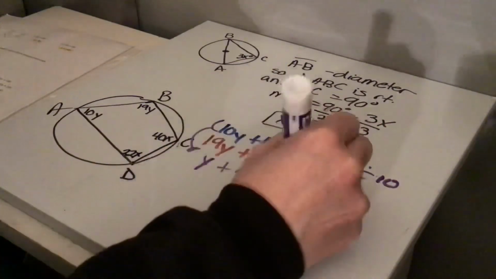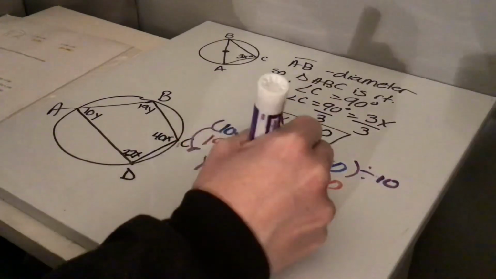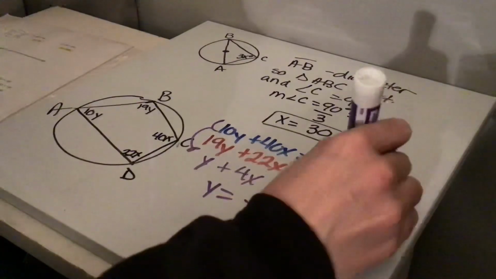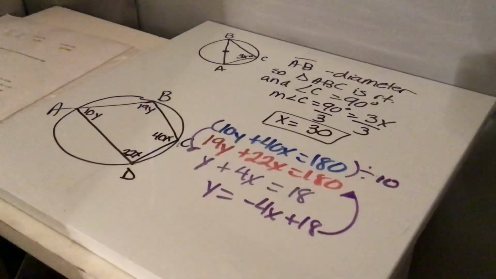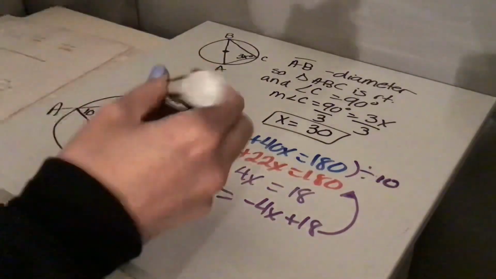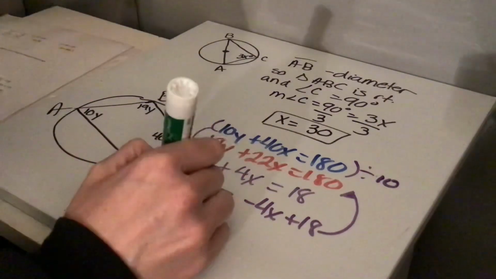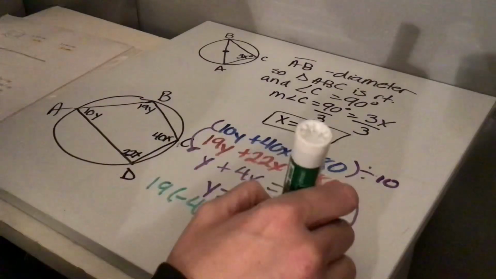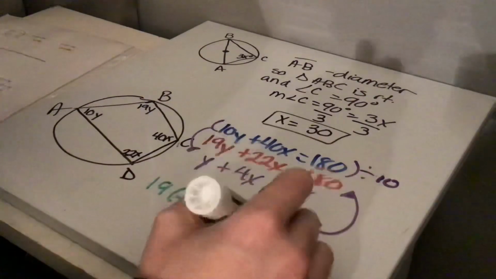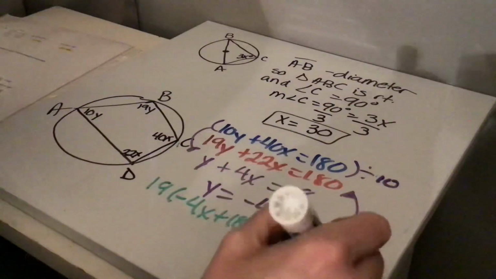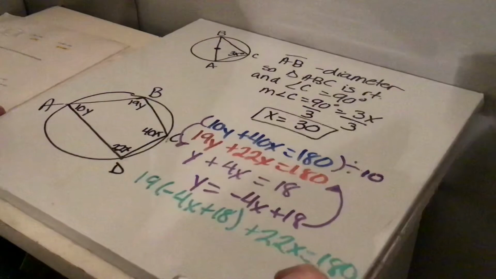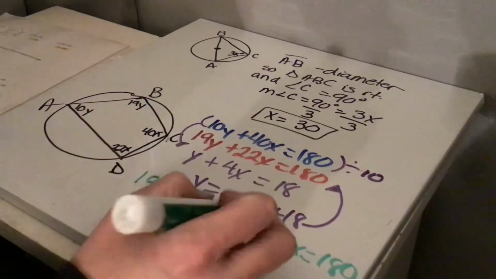And then I'm going to use substitution and get that y equals negative 4x plus 18. And then I'm going to substitute that into my second equation for y, and I'll get 19 times negative 4x plus 18 plus 22x equals 180. And then I'm going to solve this for x.